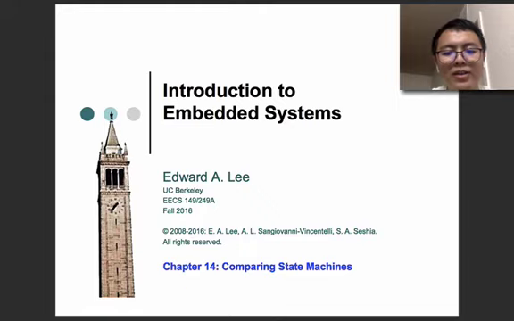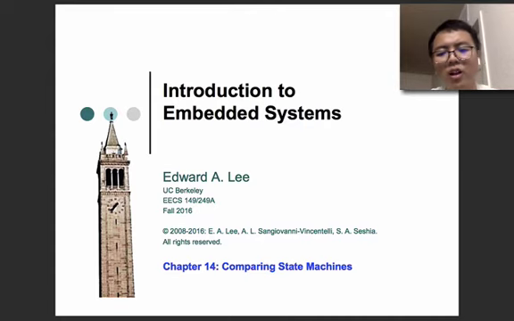The idea is that suppose you have a design of a system, maybe a particular implementation, and now you want to substitute or replace your design with another design which has more details, or maybe a new design with novel technology. How do you know the new design will behave the same way as the old design?